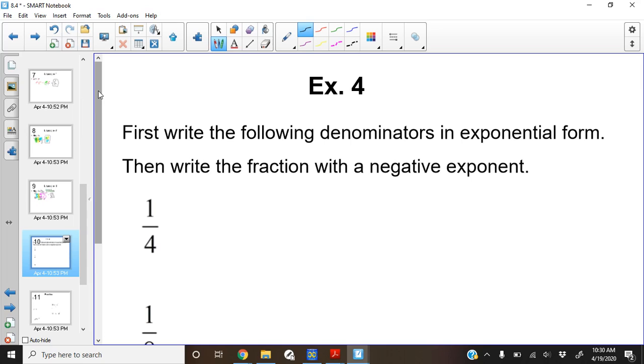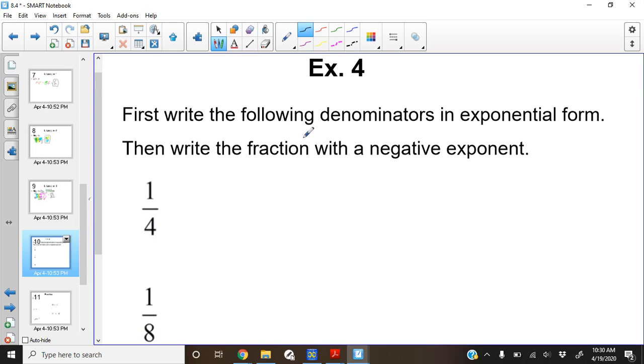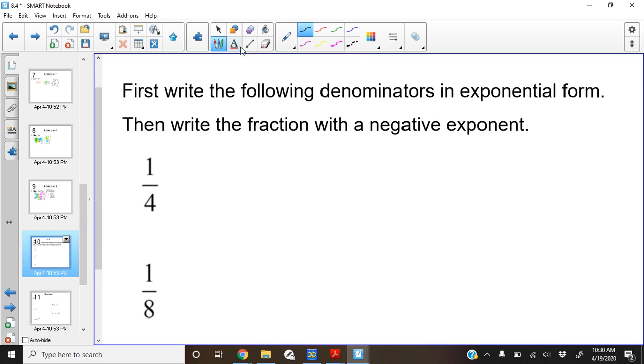Okay. This next problem, we want to write the following denominators in exponential form, and then write them as a fraction with a negative exponent. I want to show you that these can be written as a fraction with a negative exponent and without. So look at the denominator, 4. 4 can be written as an exponent. 4 is 2 squared.